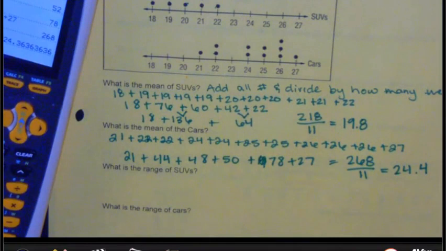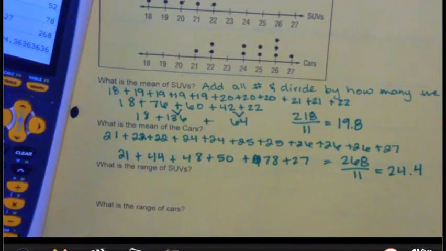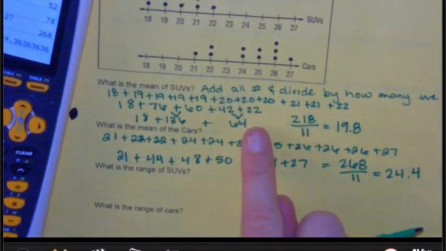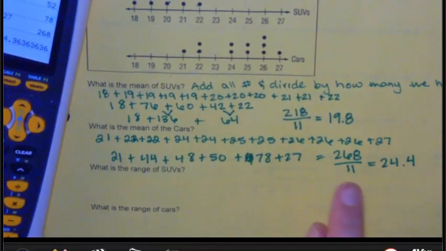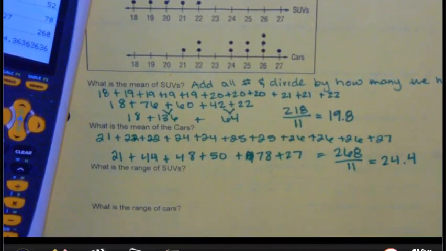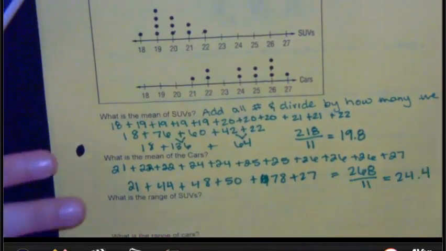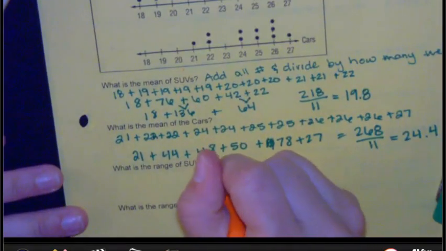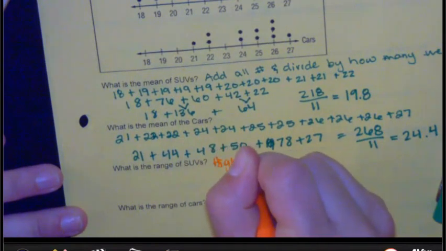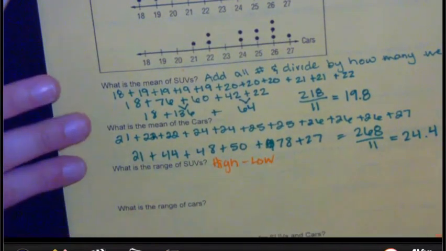24.4. So if I were to ask you guys a question, which one has a larger mean? Cars would have a larger mean because I have 24.4 out of 19.8. All right, what is the range for SUV? Now, remember, range is high minus the low.